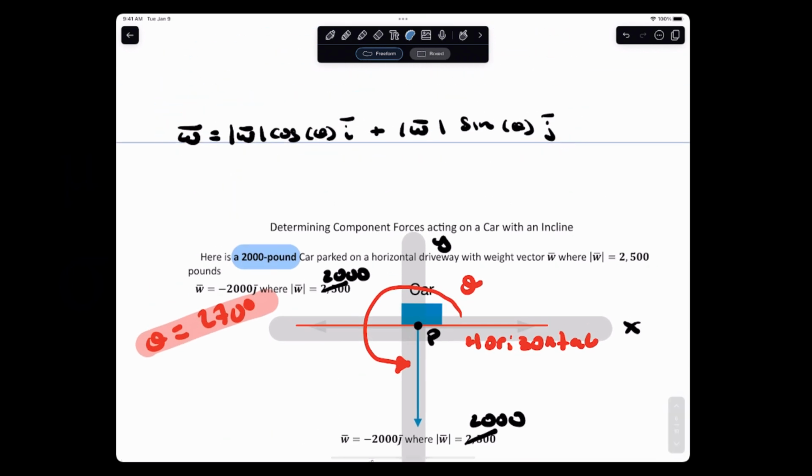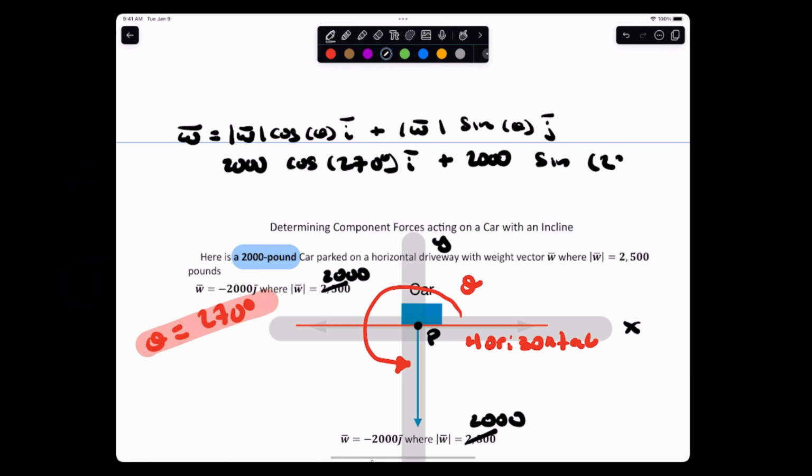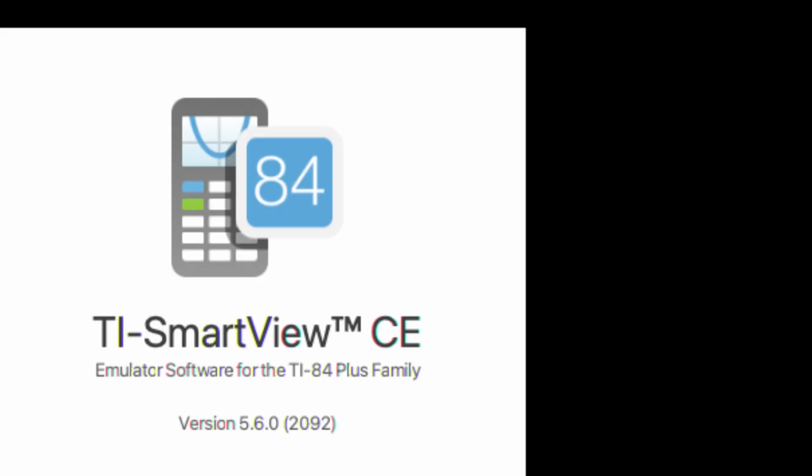So if I put now the magnitude, 2000 cosine 270 degrees i plus 2000 sine 270 degrees j, this will give me the weight vector. And let's double check now, okay? We're going to use our calculator. Wake up, TI, wake up. And the TI is waking up.